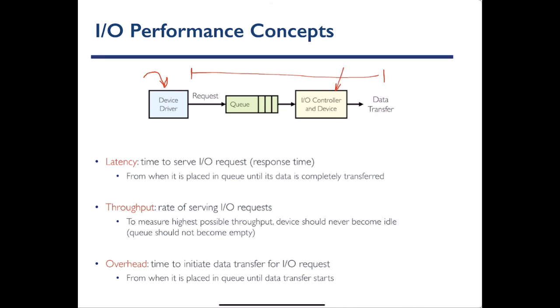The throughput is the rate of serving I/O requests. So we're going to look at the controller and see how many requests per second, for example, the controller can perform.